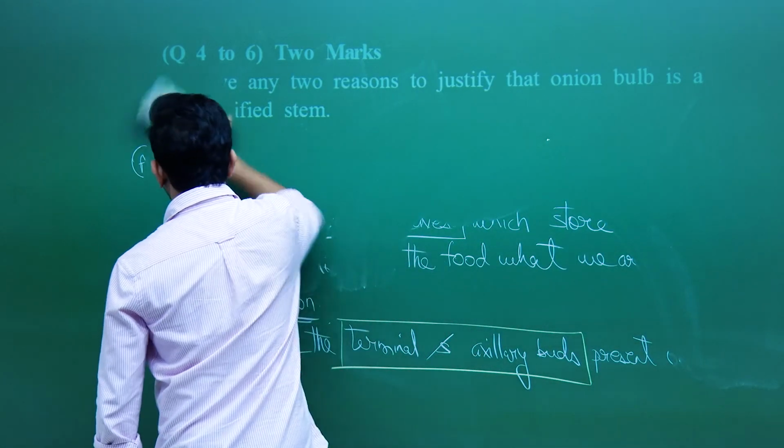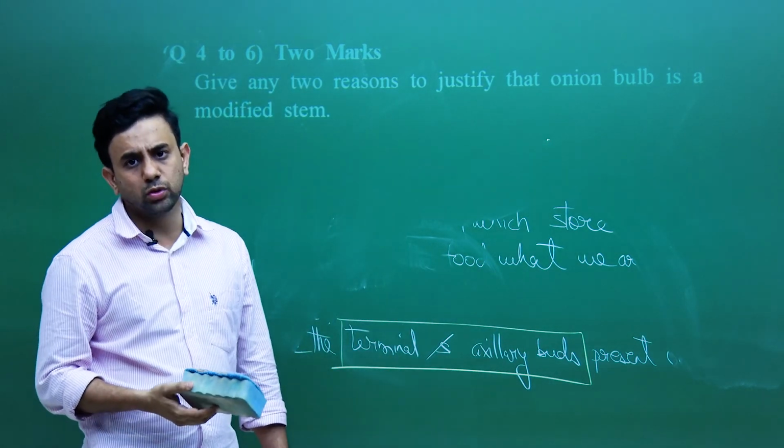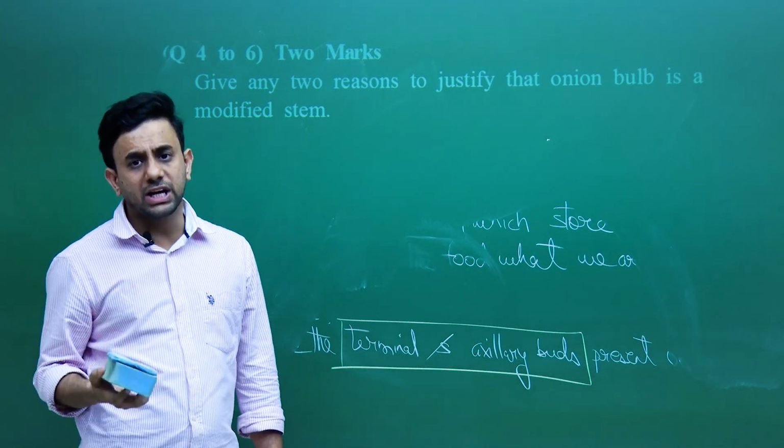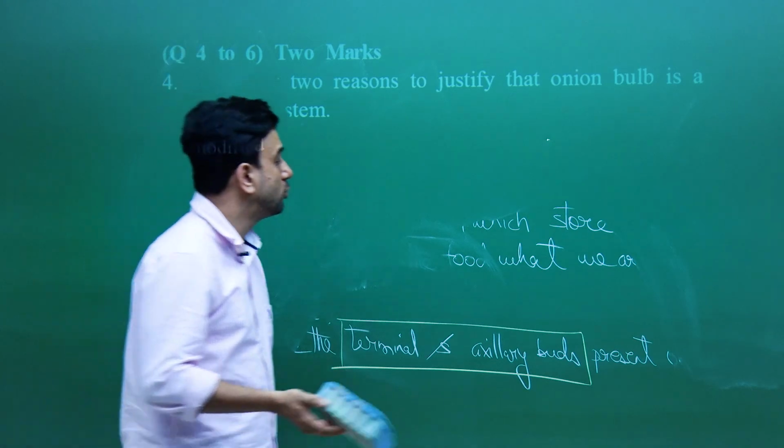Why? Because the stem has leaves, and that is why we said the stem has scaly and fleshy leaves over here. The leaves are fleshy and scaly and have food, and that is the food we eat.